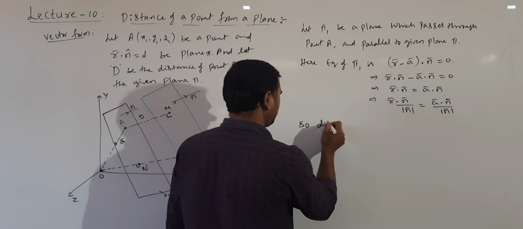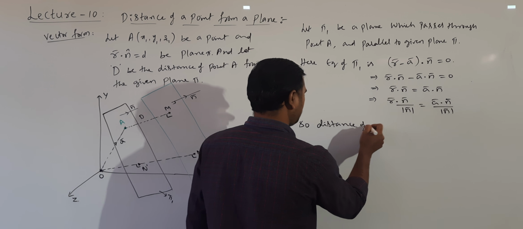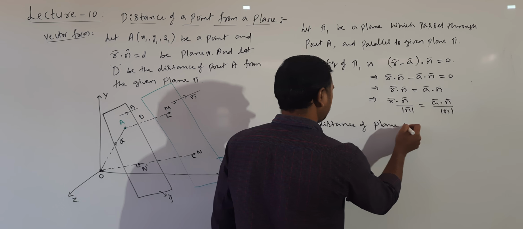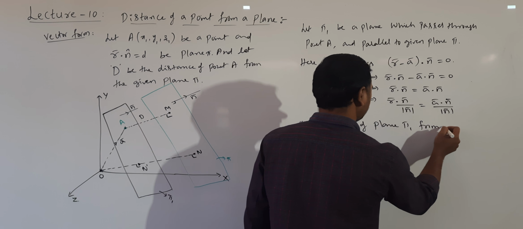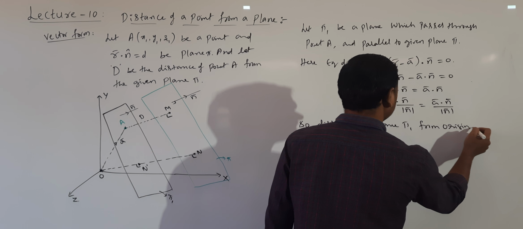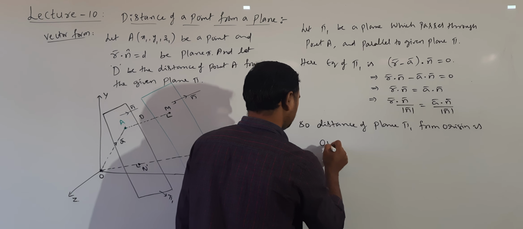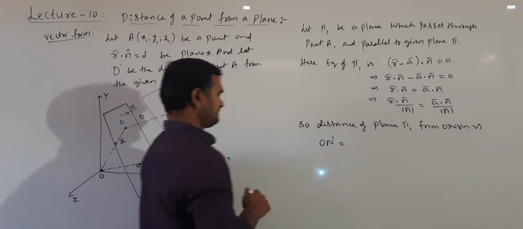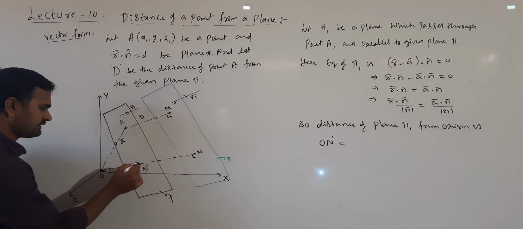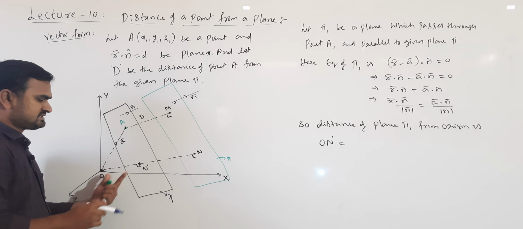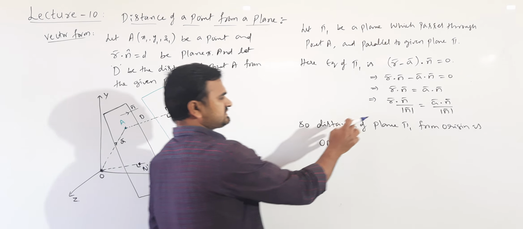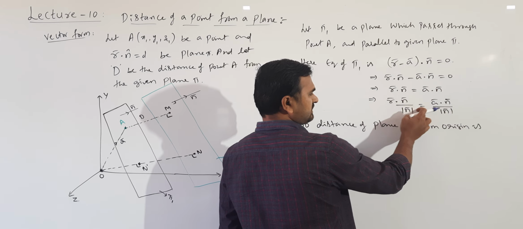So the distance of plane pi 1 from origin is yn dash. This distance we are finding, yn dash. So what is yn dash distance? Compare it with the standard form, R bar dot n cap is equal to d.